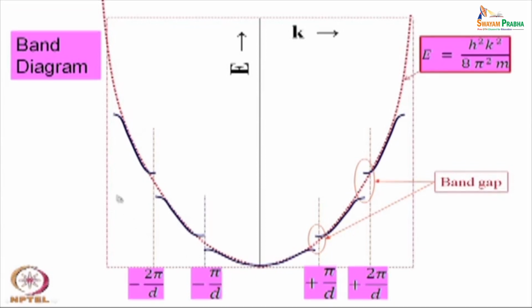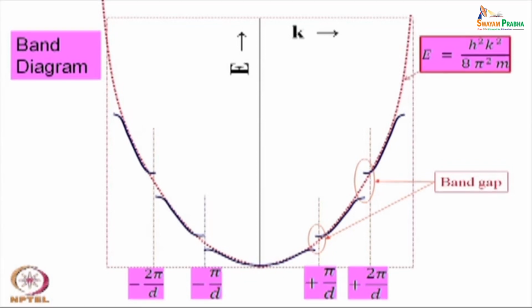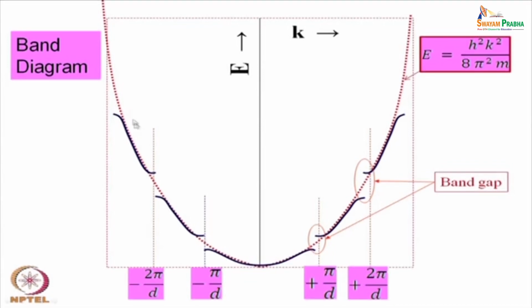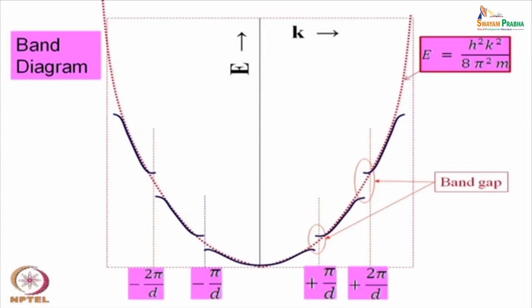So, finally, the outcome is more important for us, because we do not need to go into the details of the mathematical calculations, but ultimately this is our outcome. The main outcome has to be remembered all the time: the E-k curve is not a continuous curve, and does not have continuous energy levels or energy states available to the electrons.